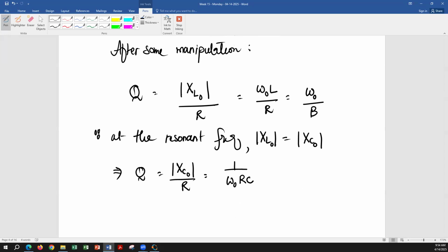So quality factor can be calculated by either of these equations.